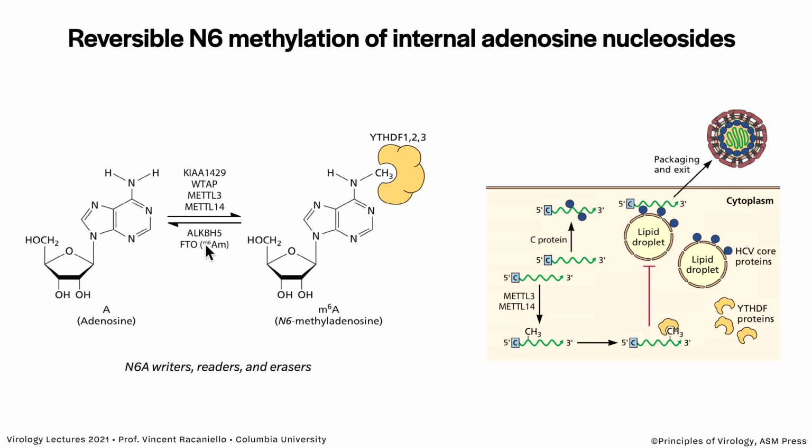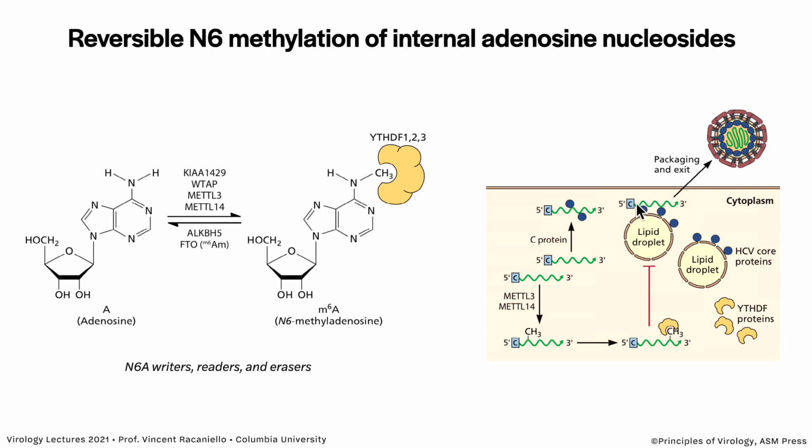And so what does the methylation do? It can affect the activity of the RNA. It can stimulate translation, or it can repress translation. Here's an example of where it is repressing assembly of hepatitis C virus. So hepatitis C virus is a plus-stranded RNA virus, and the particles are assembled on lipid droplets in the cell, which are induced by virus infection.